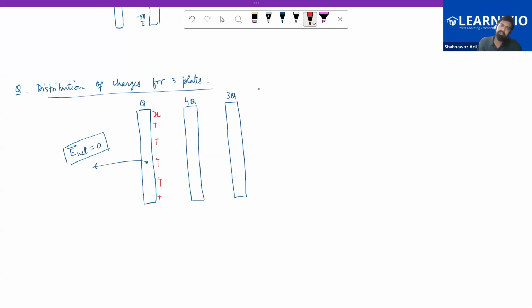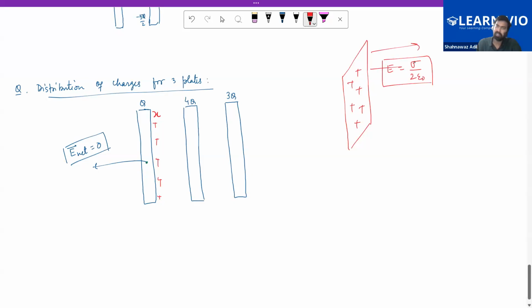And before we do this, we need to remember that if we have this sheet, then the electric field due to this sheet would be sigma by 2 epsilon. That is the electric field in this side as well as in this side. If it is positive, then this would be outgoing. If it is negative, then this would be incoming. So that is the idea, and then we have to find out E net, which has to be zero.